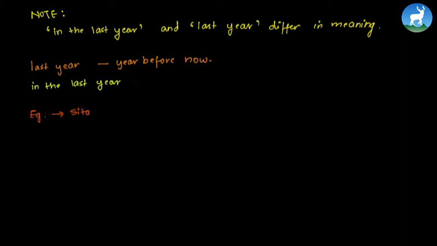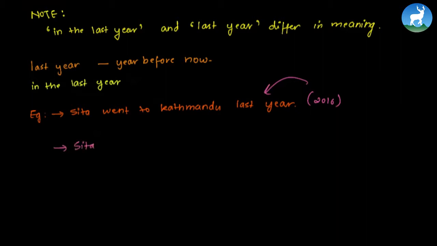I'll explain it by giving an example. Sita went to Kathmandu last year, meaning that Sita went to Kathmandu in 2015. If we are in 2016 and we hear this statement, we can immediately say that Sita went to Kathmandu in 2015. But if we have another sentence saying Sita has been to Kathmandu in the last year, the meaning is different.